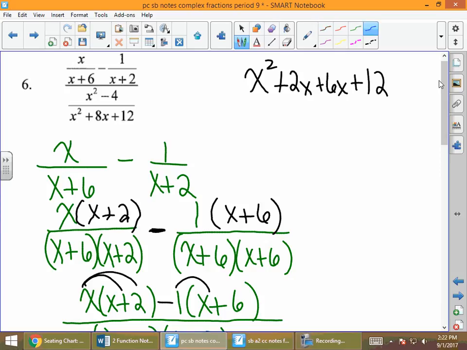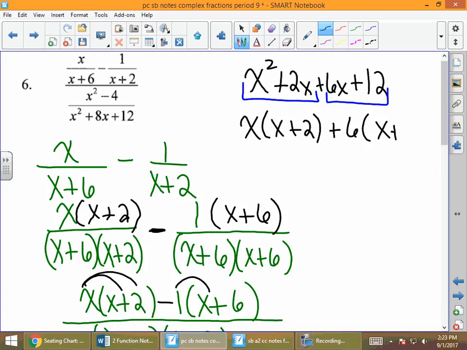Stay with me. We got time. And when we group here, we've got x times x plus 2 plus 6 times x plus 2, which ultimately means that we have x plus 2 times x plus 6.